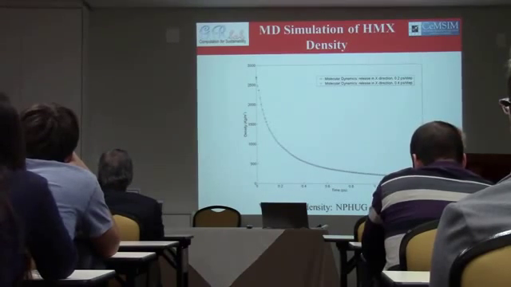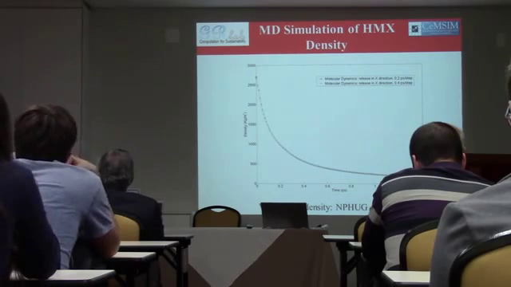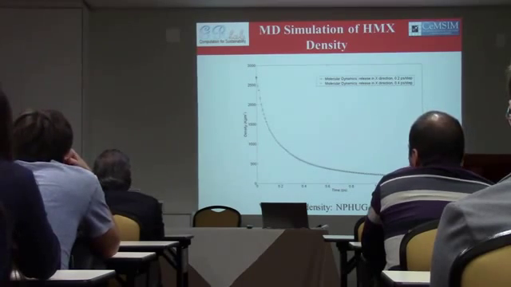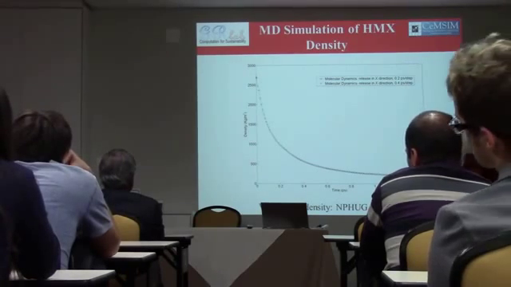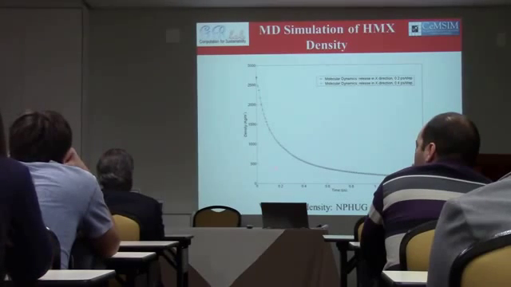Why we do this is because we don't really know which one best simulates the explosion process. This is the one where we use the so-called anti-shock ensemble, which I mentioned earlier: compress it first and release it. So we look at the change of the density with time.